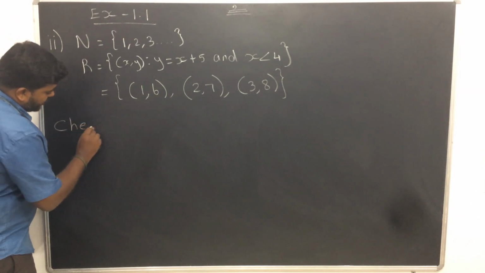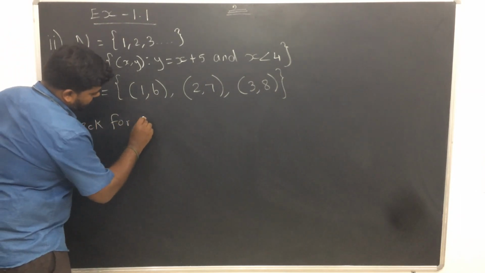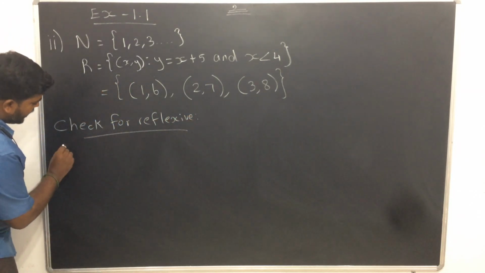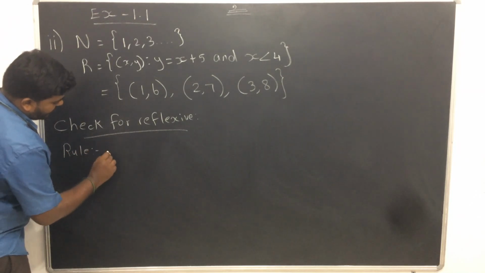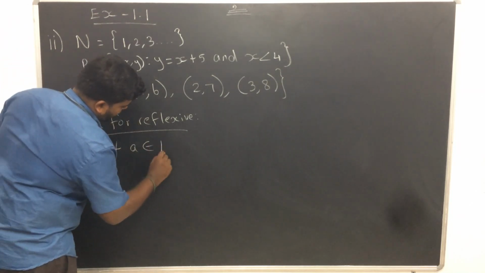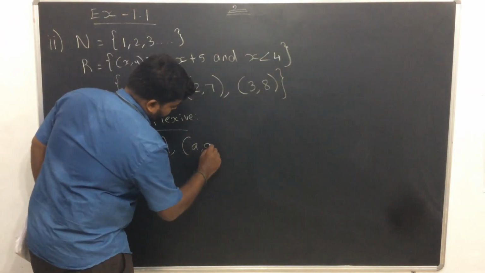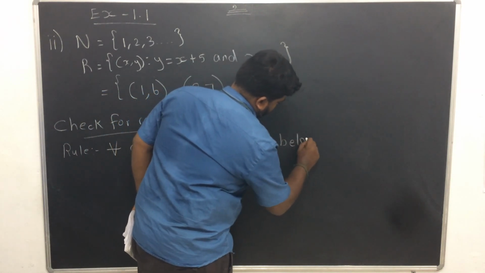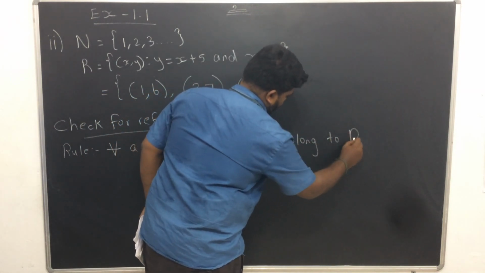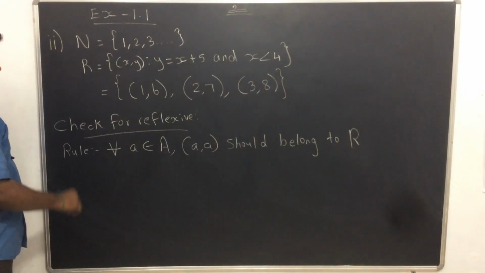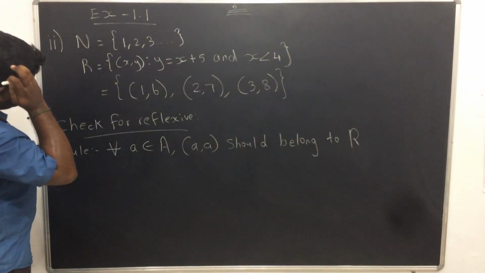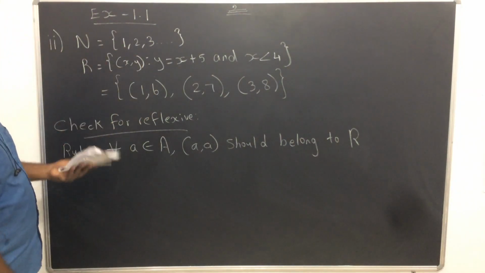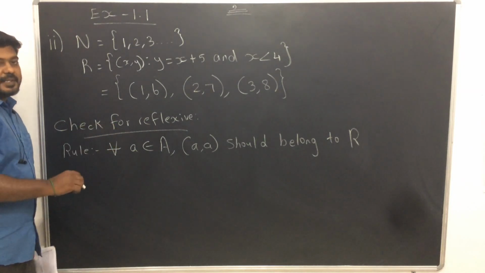The first one is reflexive. Check for reflexive. What is the rule here? We know that the rule is, for every a belonging to set A, the ordered pair of the form (a, a) should belong to R. So this is the rule for any relation to be reflexive. So let's check in the relation. For 1, do we have (1, 1)? No. So that itself proves that this relation is not reflexive.